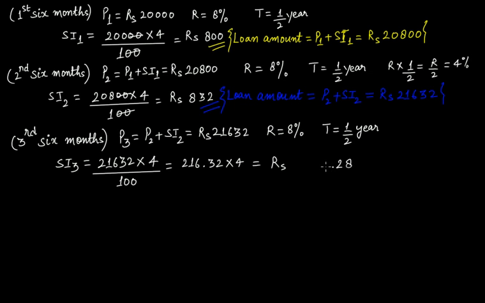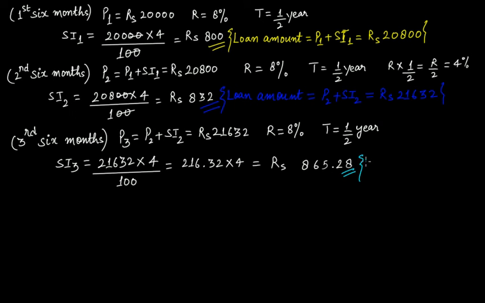You get rupees 865.28. Now, this is the simple interest for the third period of 6 months.